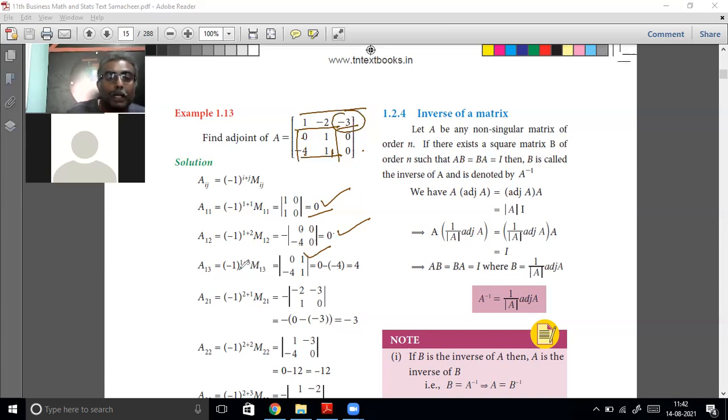We can put it correctly. So 1 plus 3: minus 1 to the power of 4, which is 1. So 0 into 1 minus 4. So 0 minus 4 is plus 4. Okay, this is also correct.